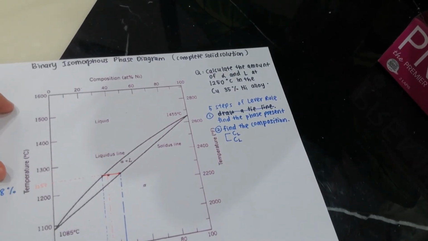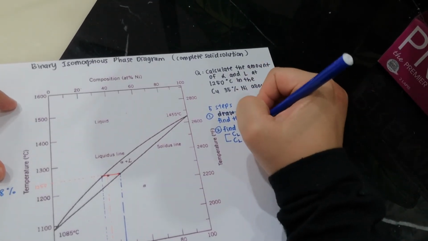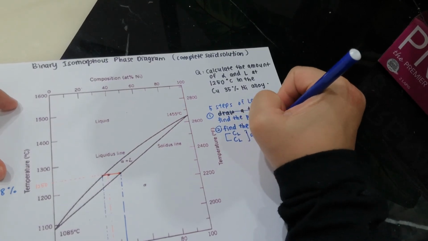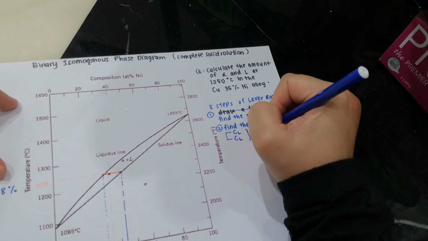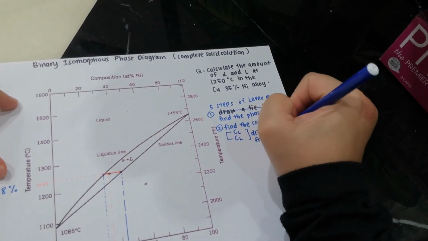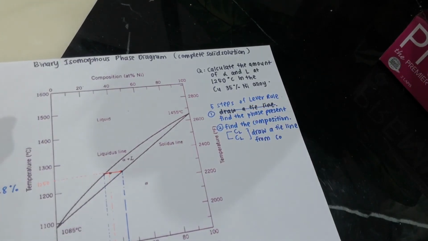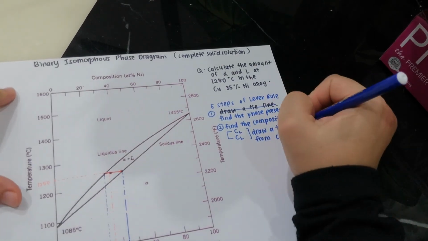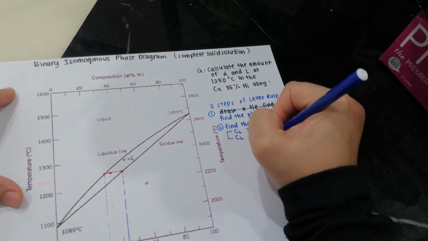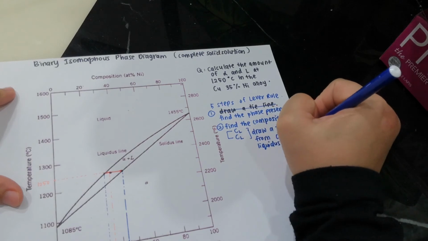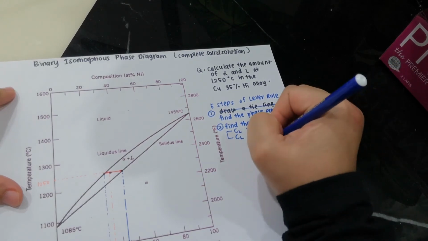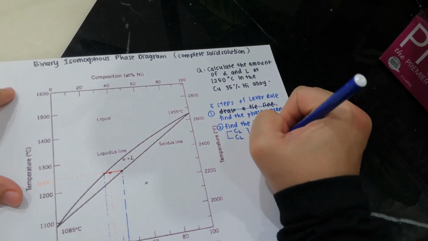So from C naught we draw a horizontal line, a tie line, from C naught to the liquidus line and the solidus line.